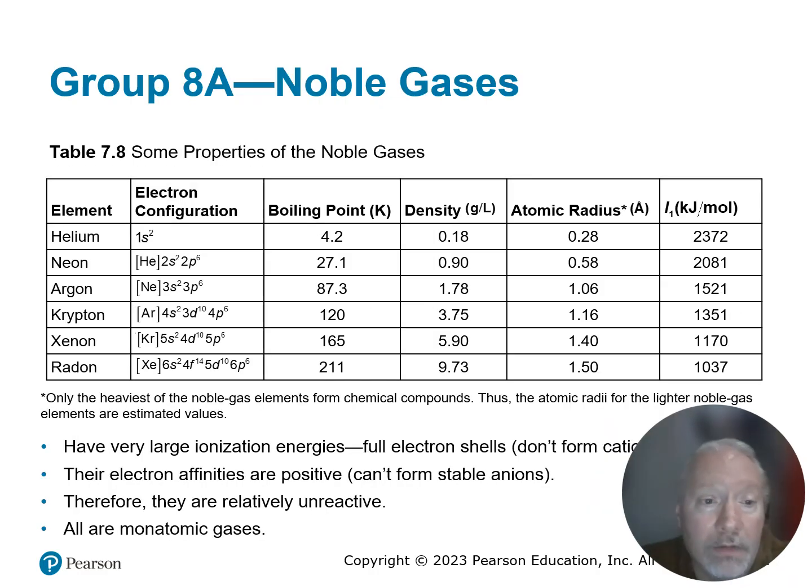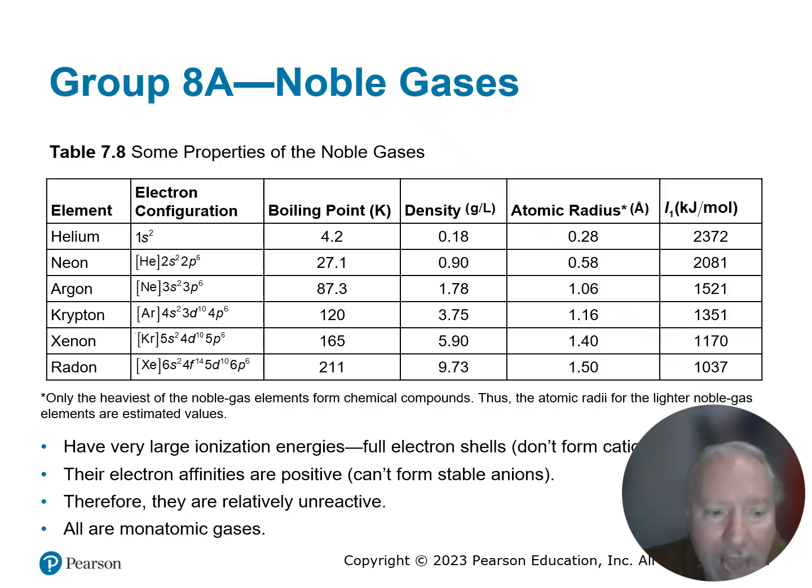Noble gases have a very large ionization energy because they have a full electron shell. They don't want to form cations. They don't want to form anions. Their electron affinities are positive. So if you want to give them an electron, you're going to have to put in energy. And if you want to ionize them, you've got to put in energy. So you have to put in energy no matter what you do.